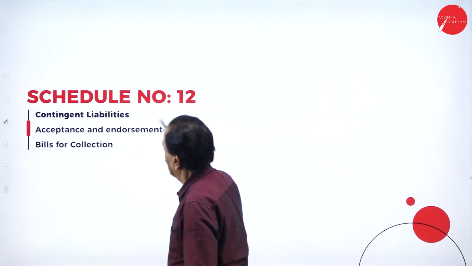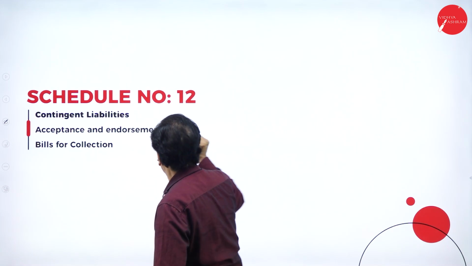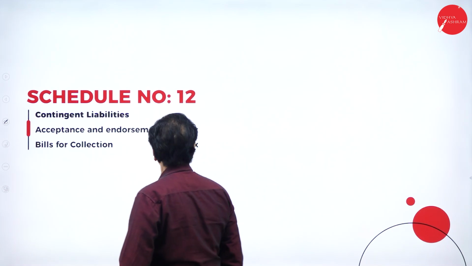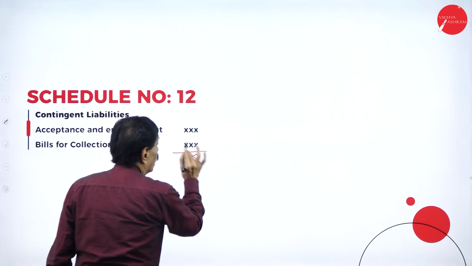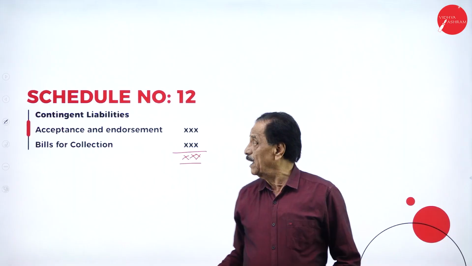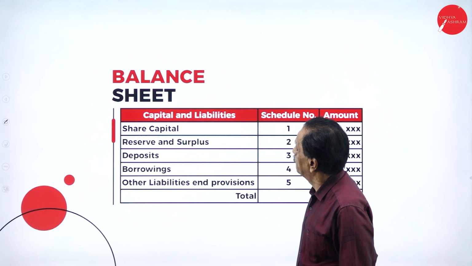Schedule number 12, contingent liability: acceptance and endorsement, bills for collection, total. This will be outside the balance sheet.